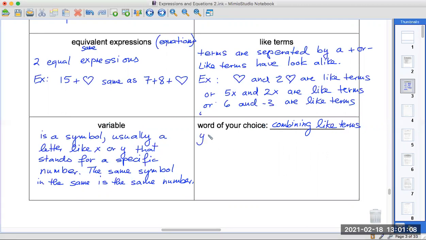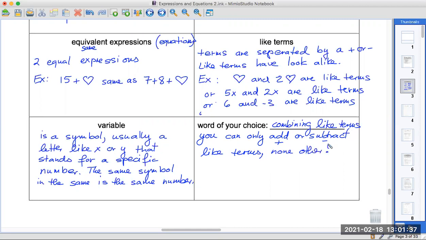So you can only add or subtract. Important. Remember, adding is plus, subtracting is minus. Like terms. Not all terms can be added and subtracted. No others. None other.